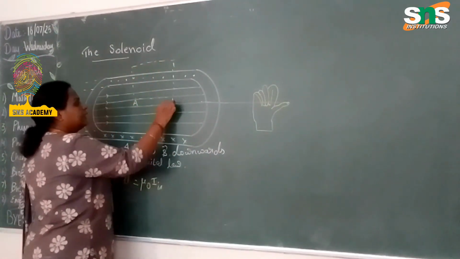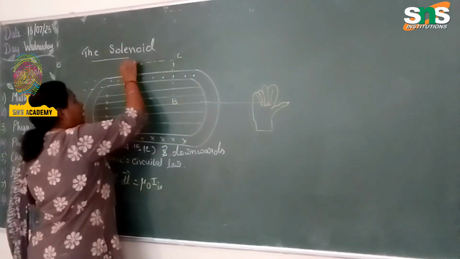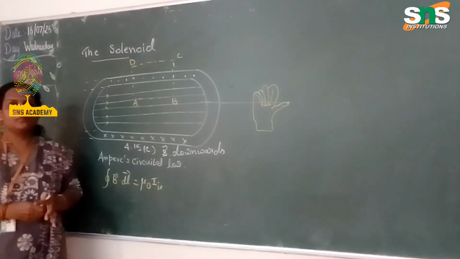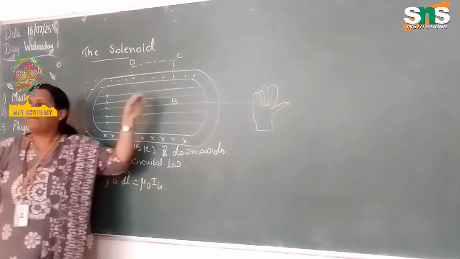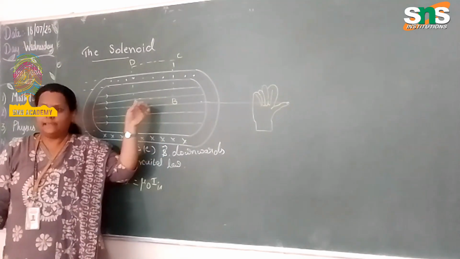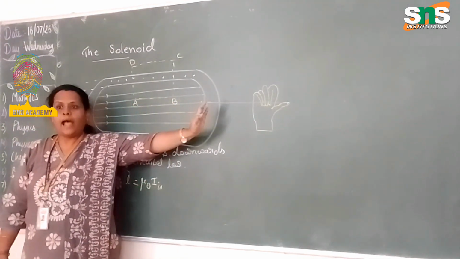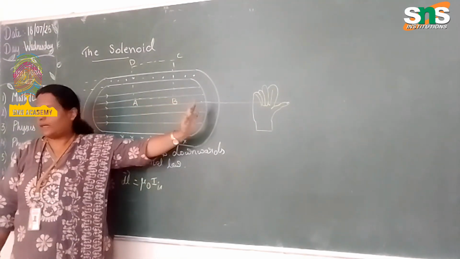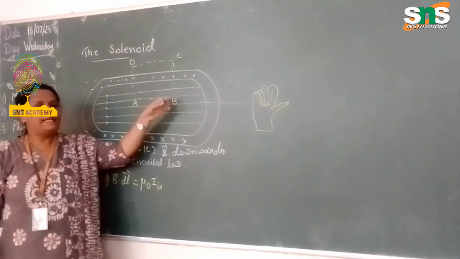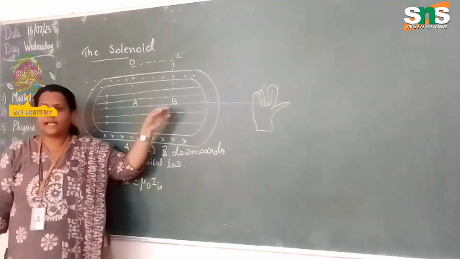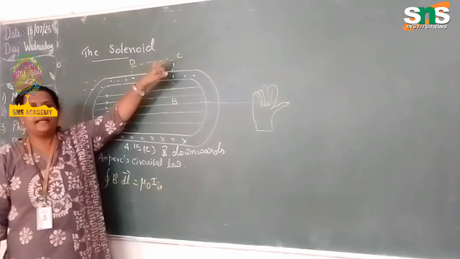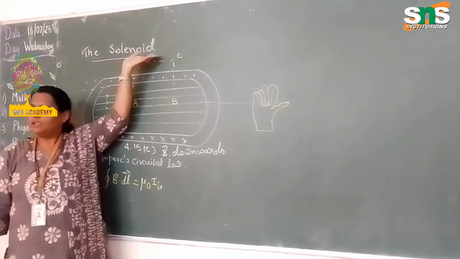Consider this as A, B, C and D. You can see the part AB is along the axis that is carrying the current, BC is perpendicular to the current carrying conductor, and CD is totally outside of the solenoid.